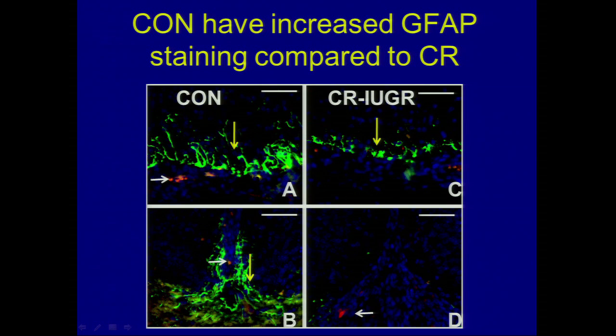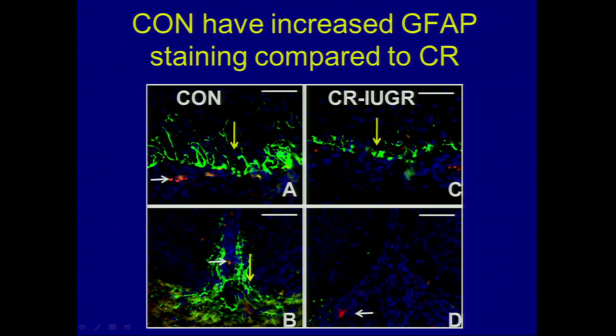So these are just some preliminary findings that I'm going to share with you. On your left are two samples from controls, and these are calorie-restricted IUGR mouse models. These are all fetal day 19, and they are coronal brain sections. The green marked by the yellow arrow is the GFAP that marks the astrocytes, and the white arrow points to the nestin, which marks the neural progenitor cells.